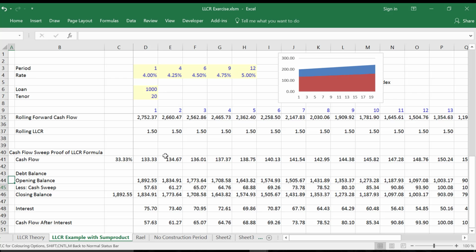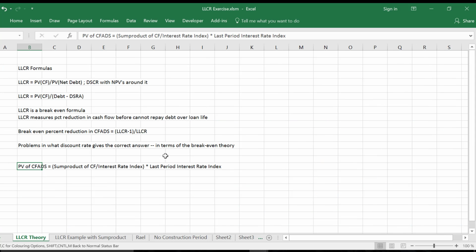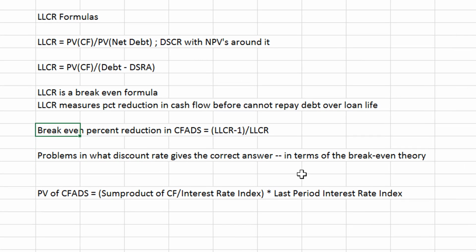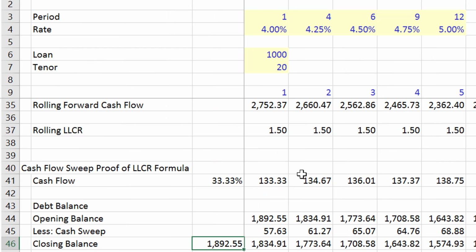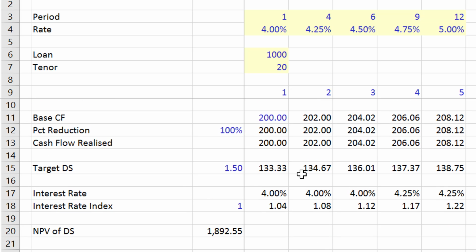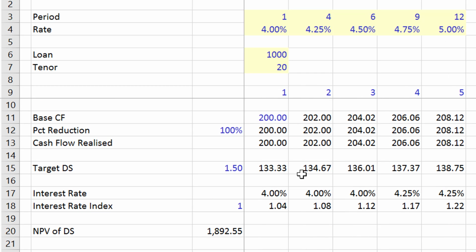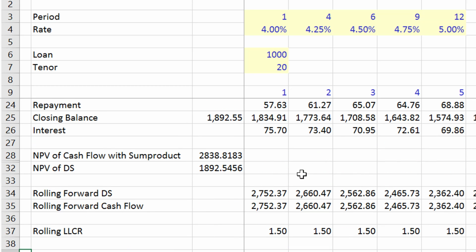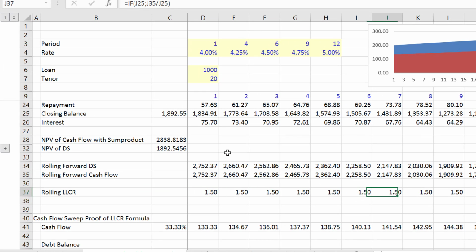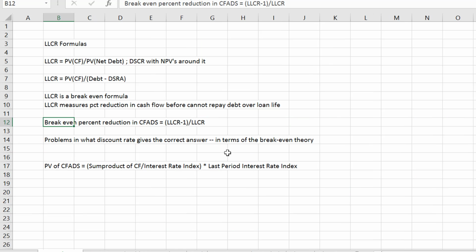This demonstrates that the formula, the break-even, the LLCR really does measure the break-even. That's why you're computing it. And if you don't understand that, then you might not understand why you should do these odd sum product formulas, which is the final formula.